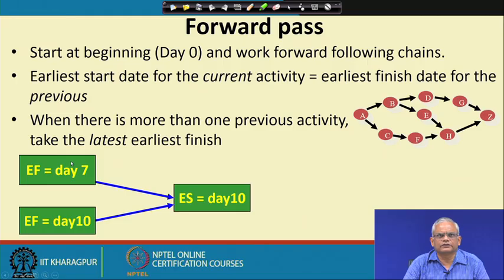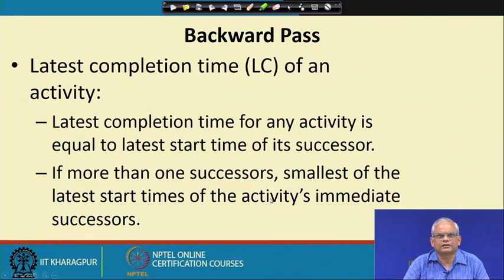If there are more than one previous task, the earliest start is the later of these two, so we will take 10 here. So, the earliest start will be set as the earliest finish, and then for the task, once we find the earliest start, we will add the duration to get the earliest finish for that particular task.